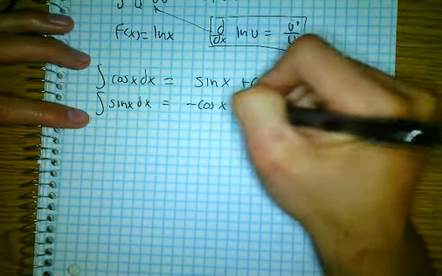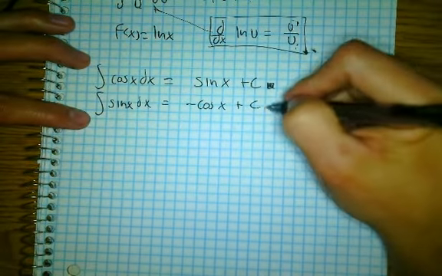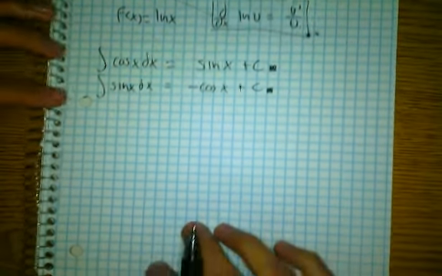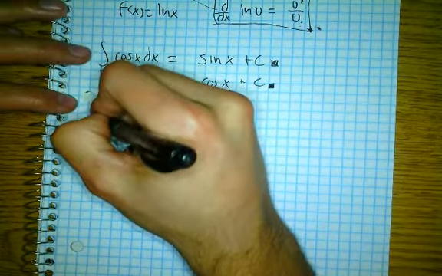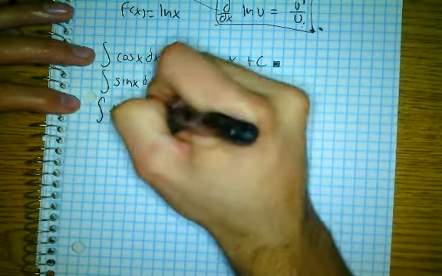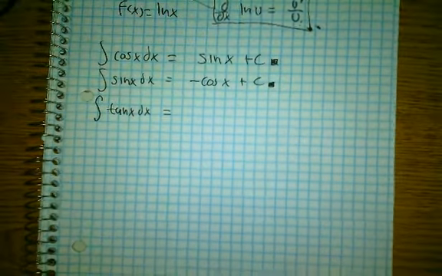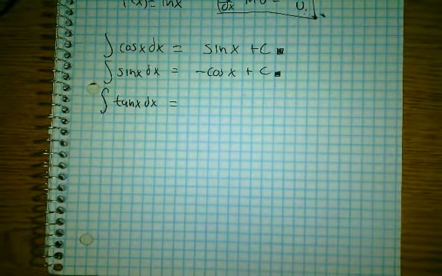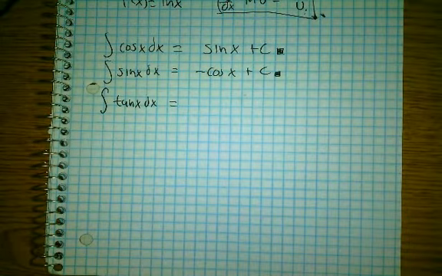Negative cosine x plus c. However, we haven't really discovered what the integral, for example, of tangent x dx is. We don't know that one yet. But now that I showed you what we started with, we can figure it out.